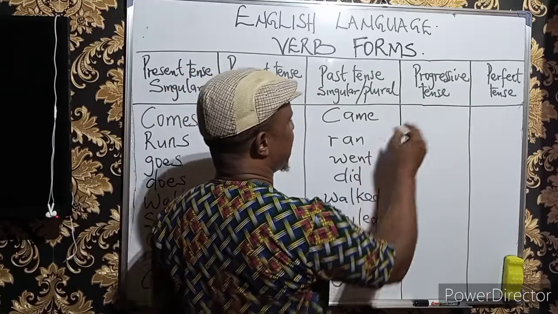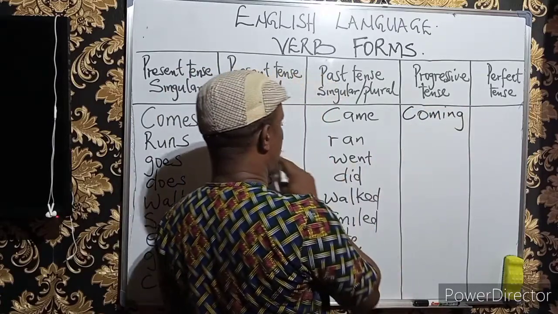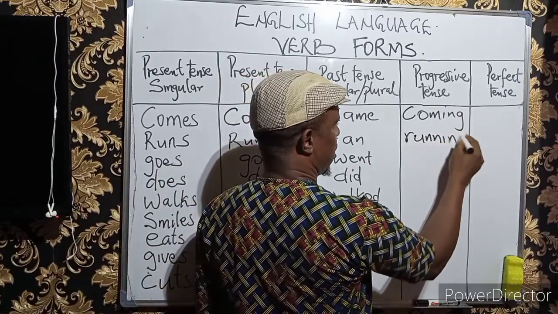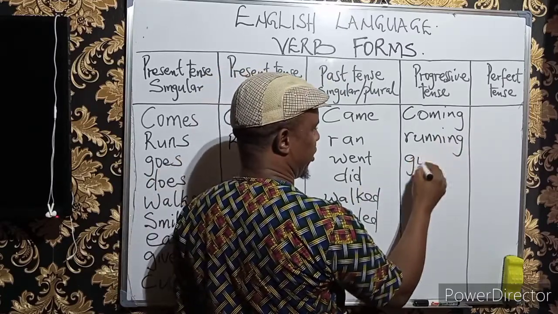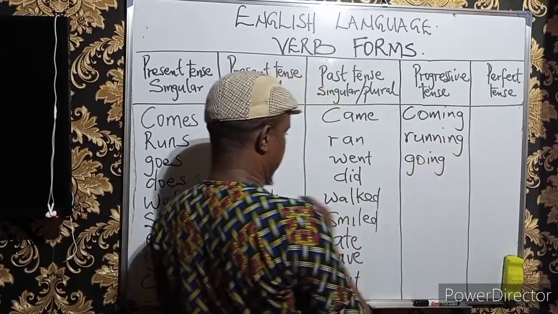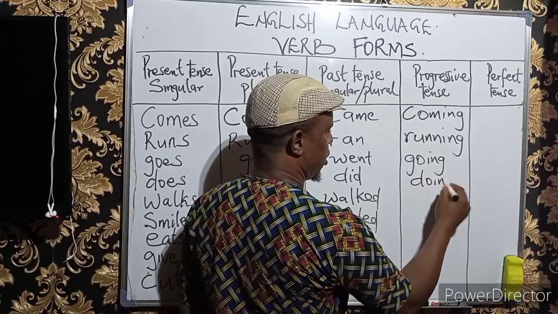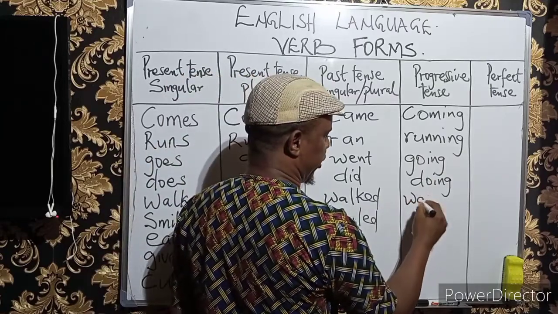So that we have coming. And we have run as running. We have go as going. The next one, do as doing. And walk gives us walking.